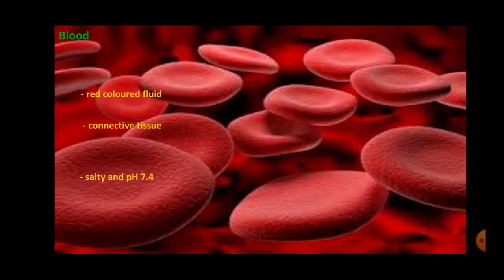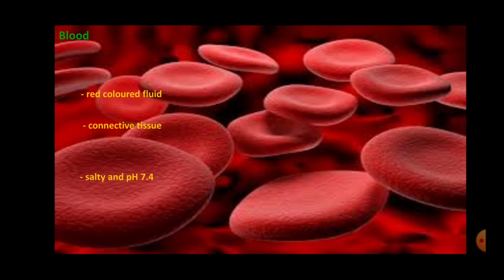This plasma is a pale yellow, very clear alkaline fluid. It contains water, proteins, inorganic salts. It contains globulin. It contains proteins like fibrinogen and prothrombin. It contains ions like calcium, potassium, sodium.